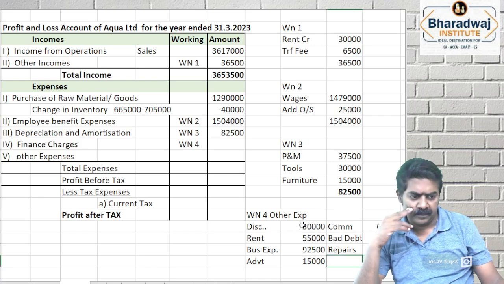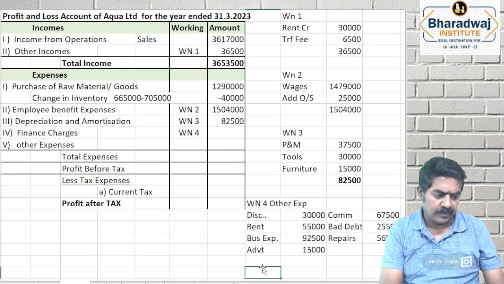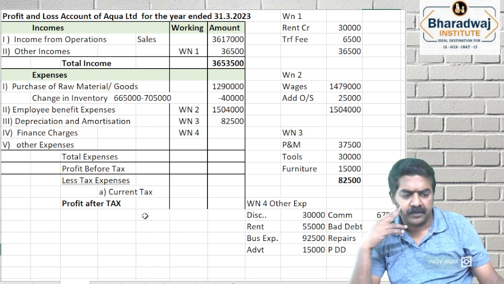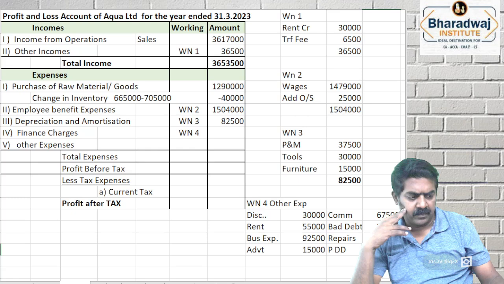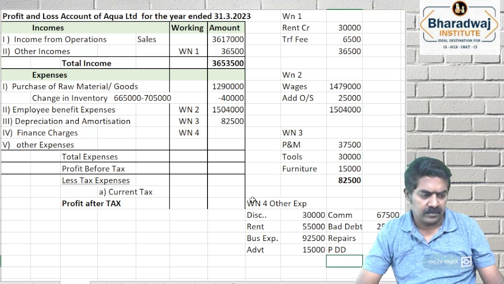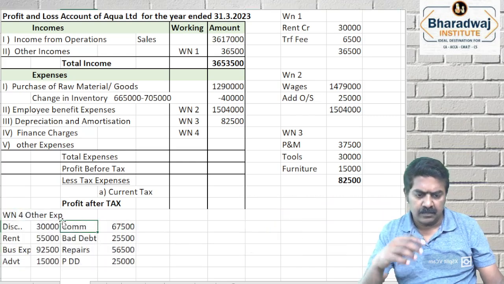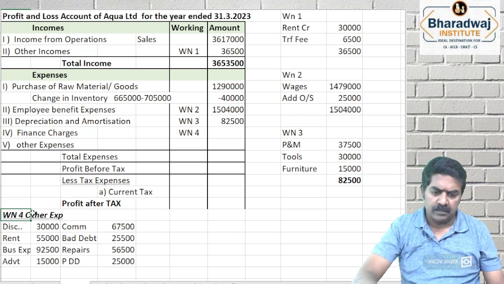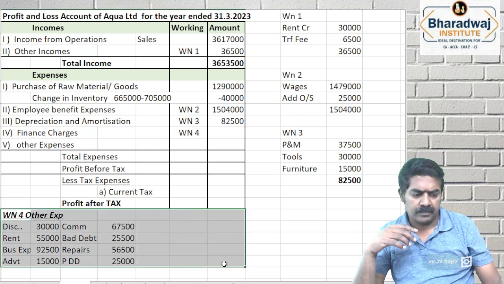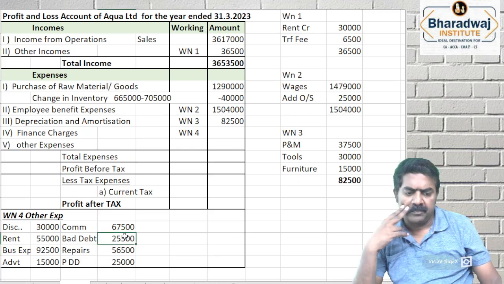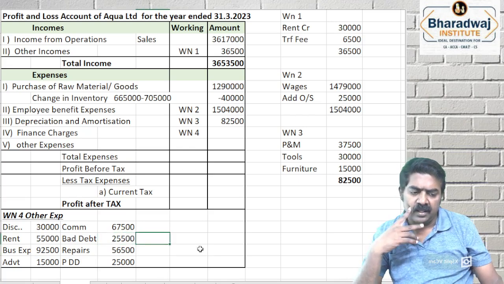Then provision for doubtful debts. Total debts how much? 25,000. Anything else?